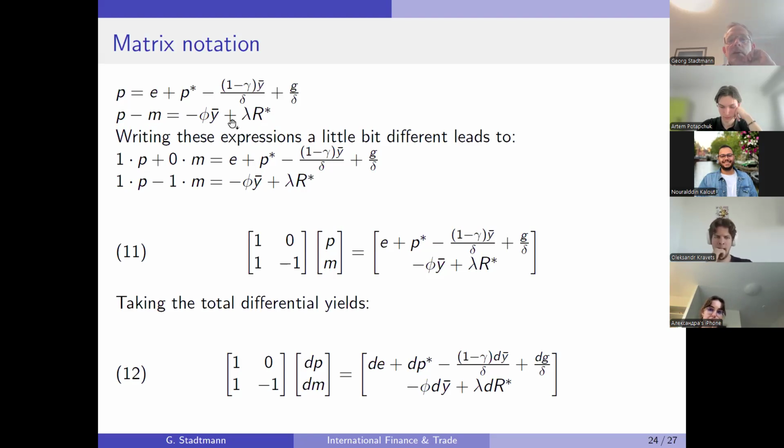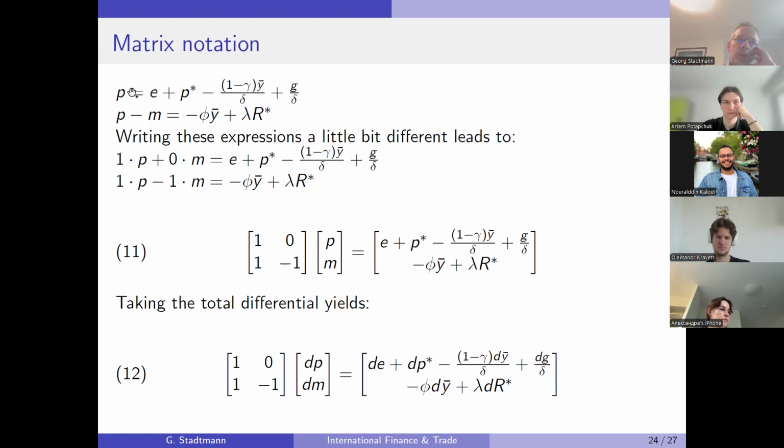Signs switch around here. And we are inserting the third equation, R equal to R star, in the money demand part. Now we can write these expressions a little bit differently so that it's easier to derive the coefficient matrix. We have no money supply in the first equation.